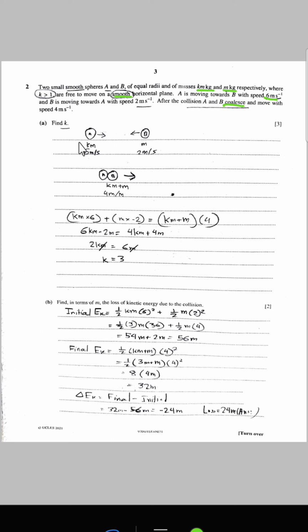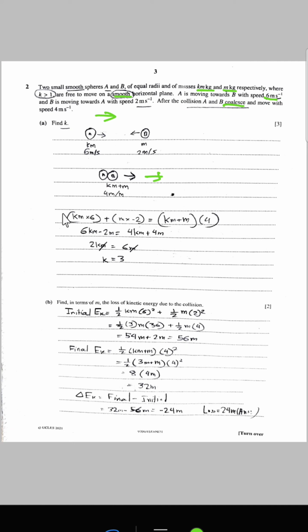Since A's mass is multiplied with a constant that is greater than 1, let's suppose this is 1.5 or 2 or whatever it is greater than 1. That means the mass of A is greater than the mass of B, and A is moving towards the right. So in total, A and B after coalescing would move towards the right.